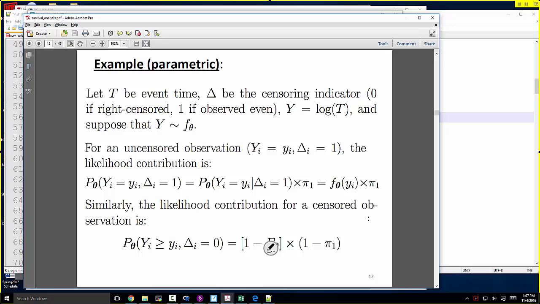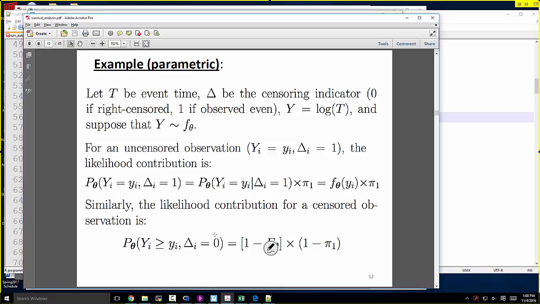For a censored observation, we don't know the exact event time. All we know for this individual who is censored is that their event time is bigger than or equal to the one we observed, and that it was a censored observation. So here again, we can say that's a joint probability. What's the probability of seeing an event time at least little yi and it being censored?